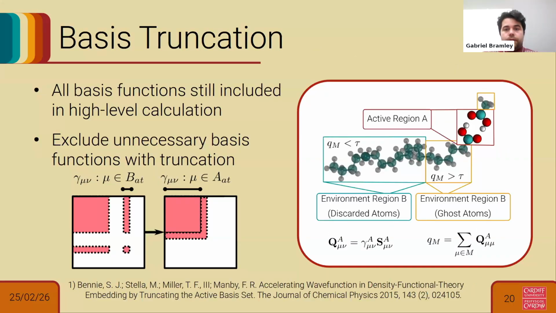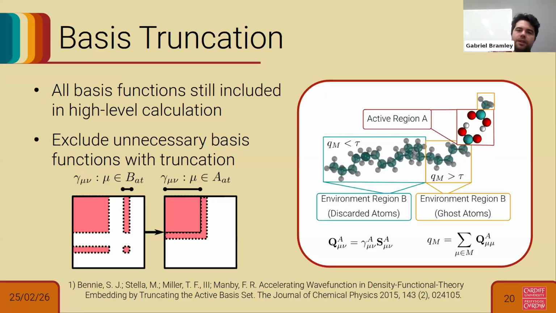So as I just alluded to, in the form of QM in QM and projection-based embedding that I just presented, all of the basis functions are included in the high-level calculation and all of your subsystem calculations.